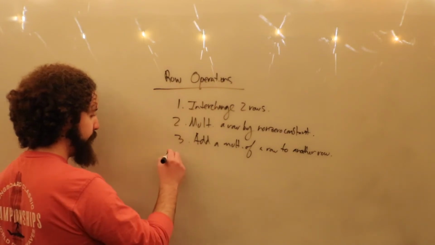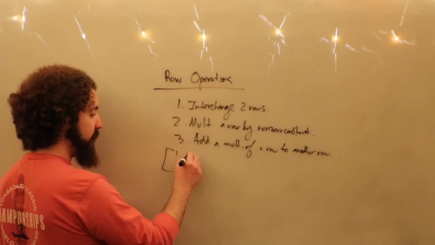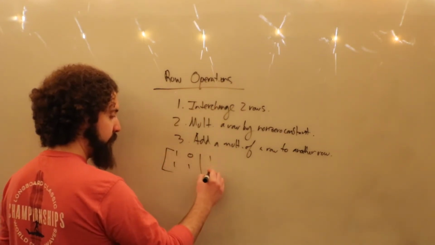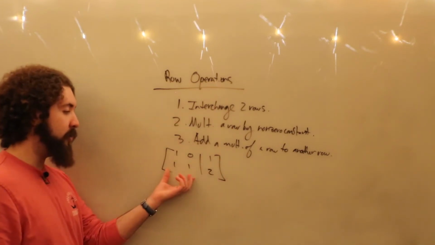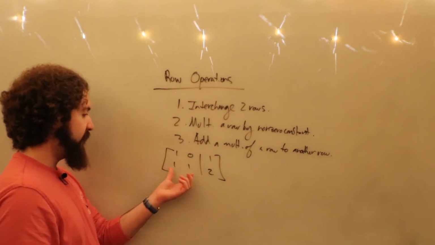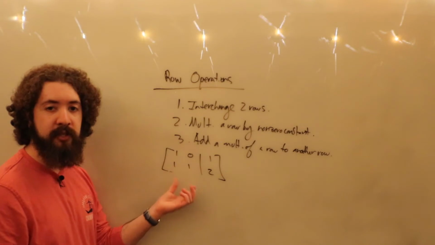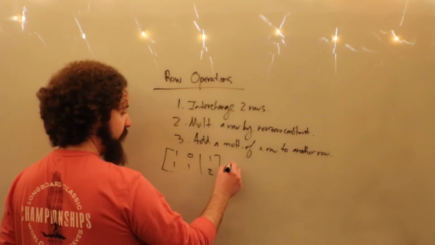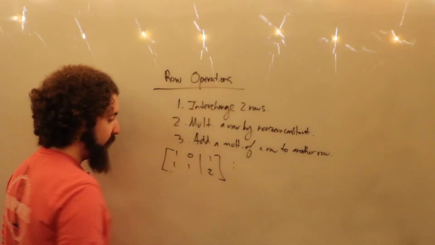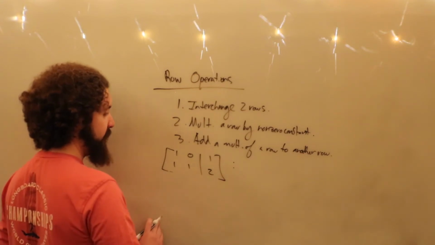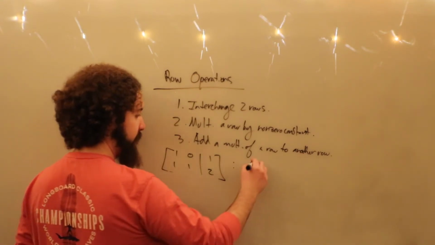So as an example, suppose our augmented matrix looks like this, right? This is for a system of two equations and two unknowns. Then equivalent systems would be, let's just change the rows.